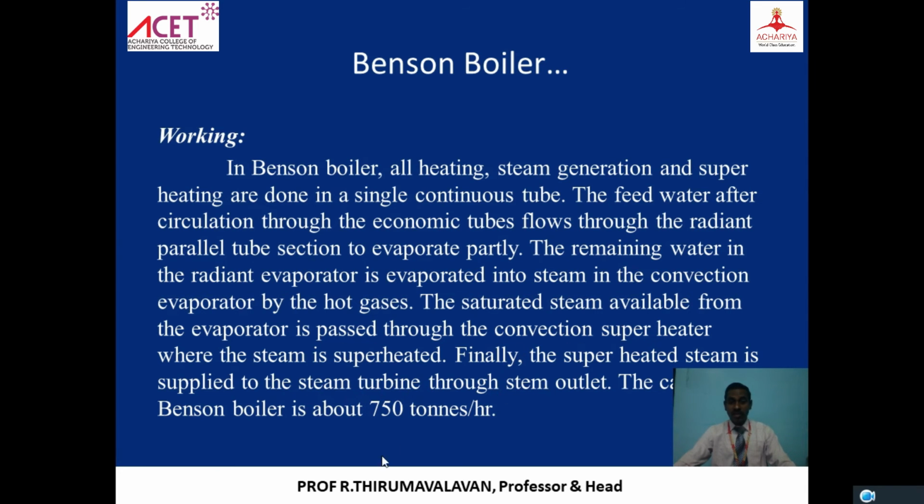As we discussed earlier, the Lemon boiler is generally used for medium-stage power plants, with a capacity of 50 tons. But the Bunsen boiler is 750 tons per hour. Imagine how much water it takes and how much fuel it may burn to get into steam. That is a Bunsen boiler.